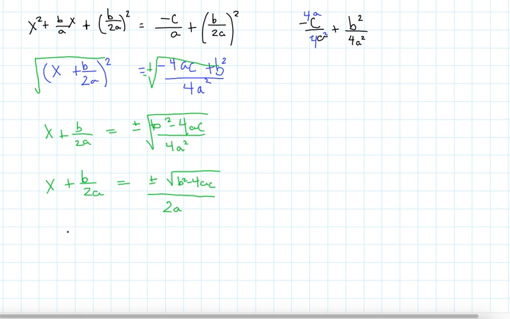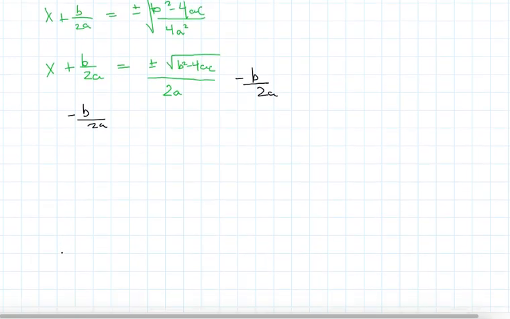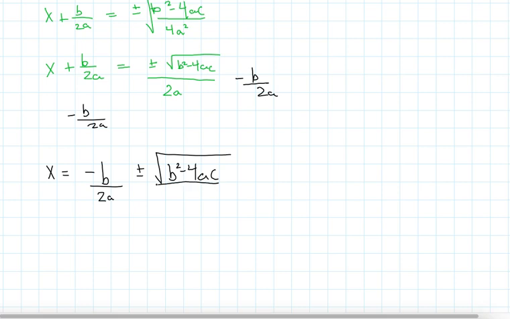Then we're just going to subtract our b over 2a on both sides. And I'm going to rewrite that in front, so it's going to look a lot like the quadratic formula now. x equals negative, right now we still have it over 2a, so negative b over 2a plus or minus square root of b squared minus 4ac over 2a.